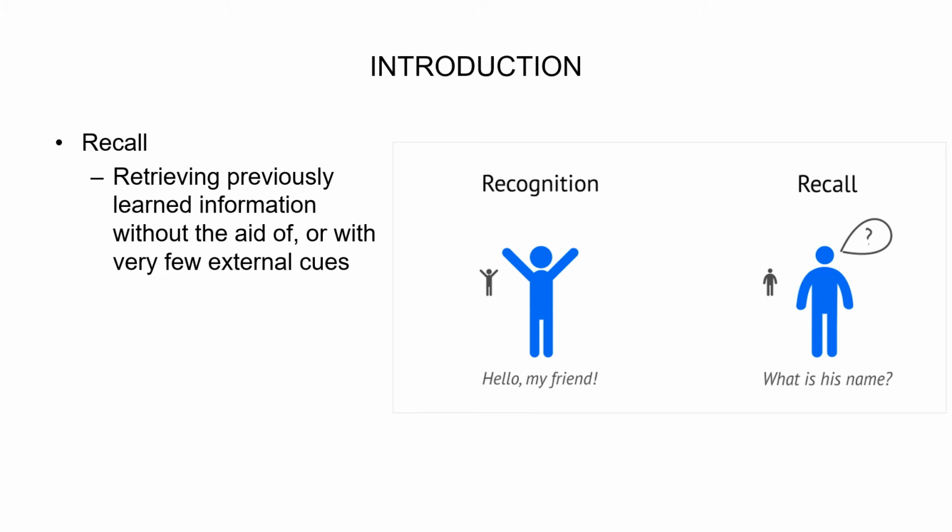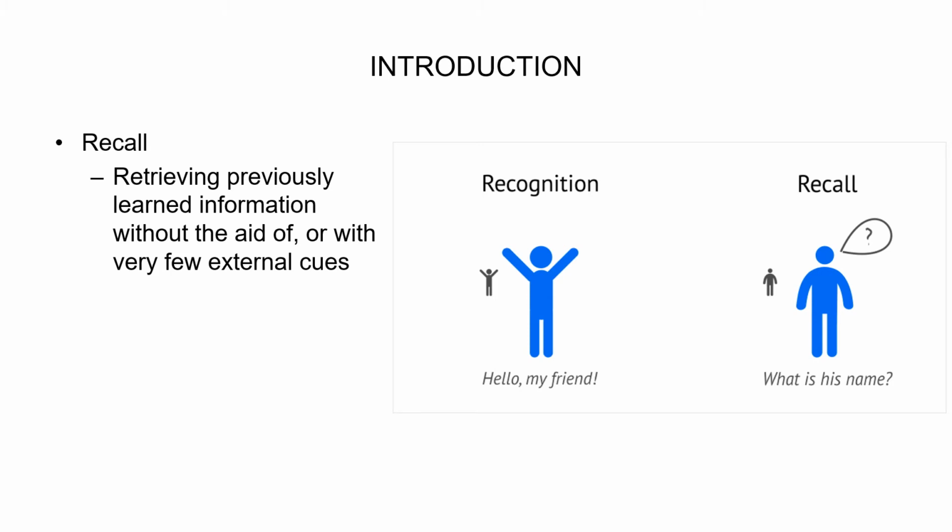This is usually very effortful, where you're trying to think about something. I don't even really like the picture over here on the right. We're trying to recall what's his name, where you're trying to recall something when you've got very few external clues. Well, if you're seeing the person, that's an external clue.